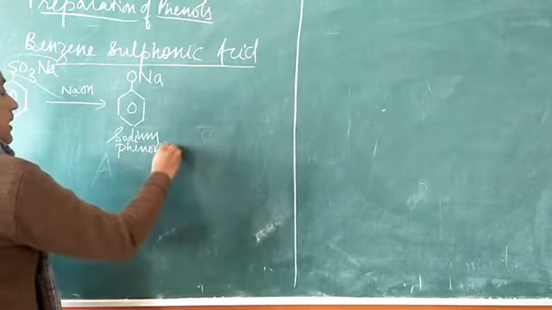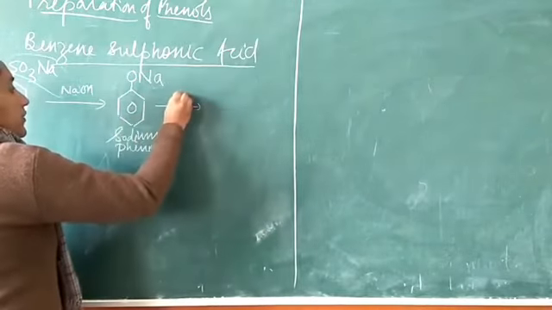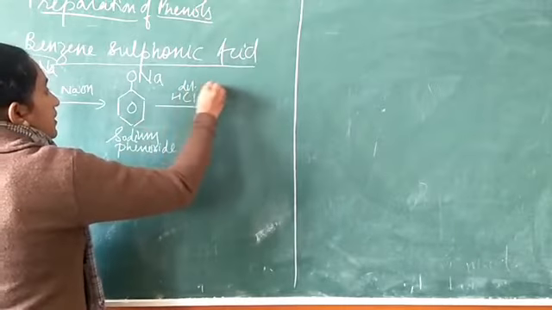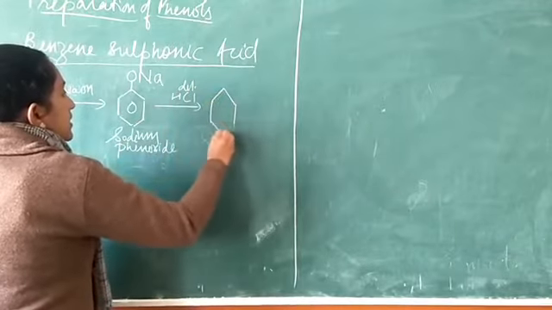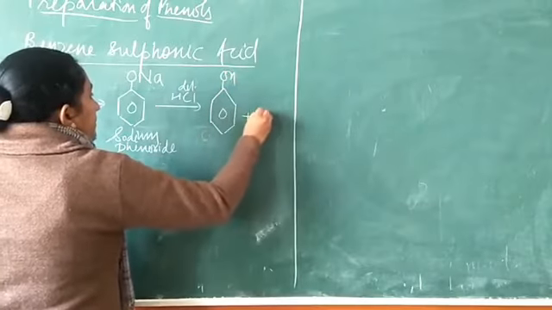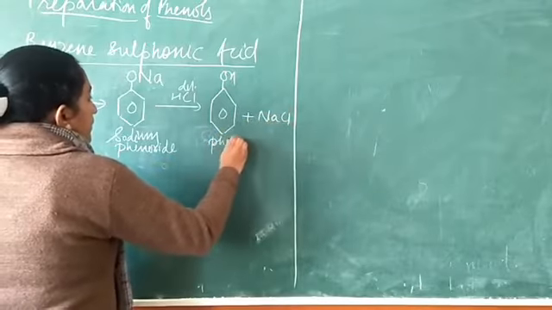Now this sodium phenoxide, on acidification with dilute HCl, will give us phenol, right? And NaCl is the side product which will be obtained.